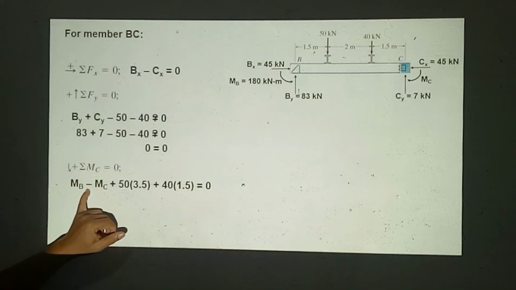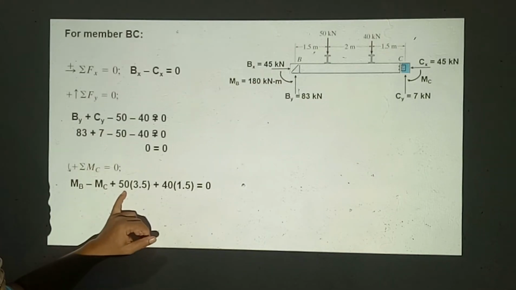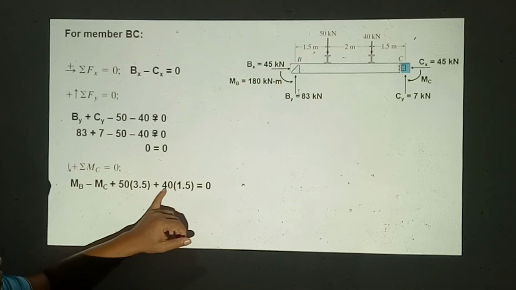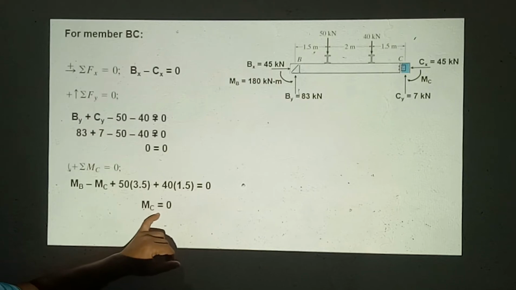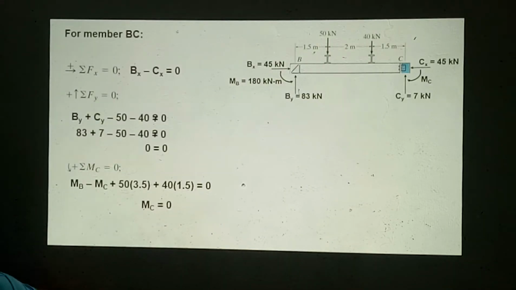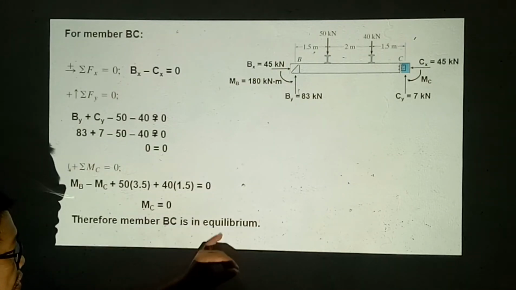And then minus MC, MC is assumed to be directed clockwise. Then plus 50 kilonewtons times 3.5, the moment arm, plus 40 times 1.5, and it gives us MC equals 0. Therefore, we say that the beam BC is in equilibrium.